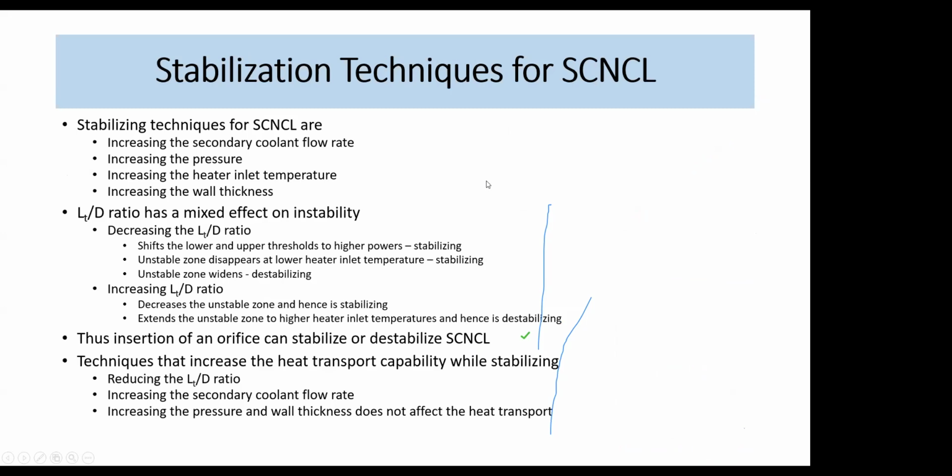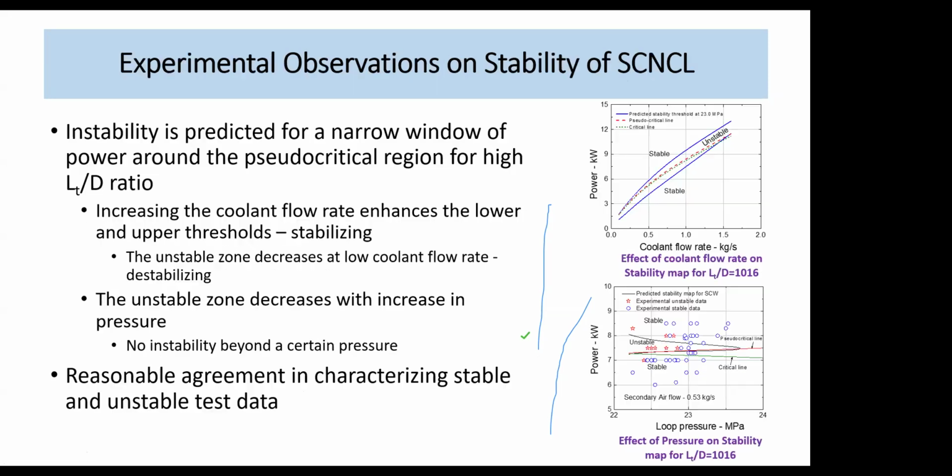Now, again, stabilization techniques for supercritical natural circulation. We find that increasing the secondary coolant flow rate, that is what it is showing. If you increase the secondary coolant flow rate, what happens?